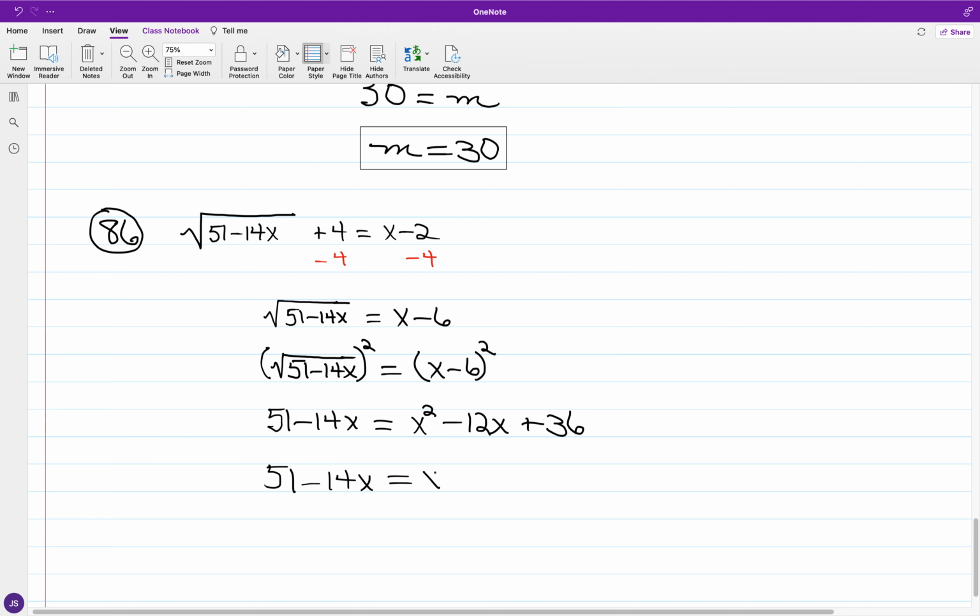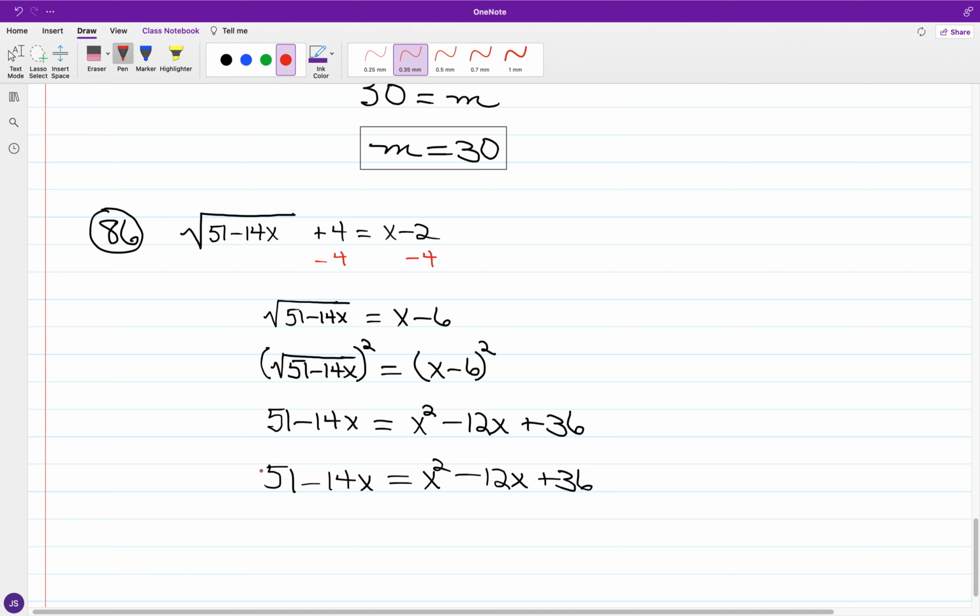And if I convert this to standard form, I can make the left hand side 0. So I'm just going to move the 51 by subtracting, and for 14x I'm going to add to both sides.